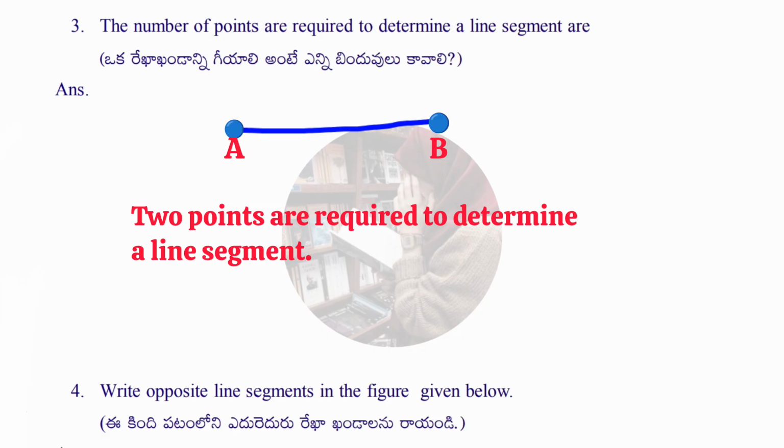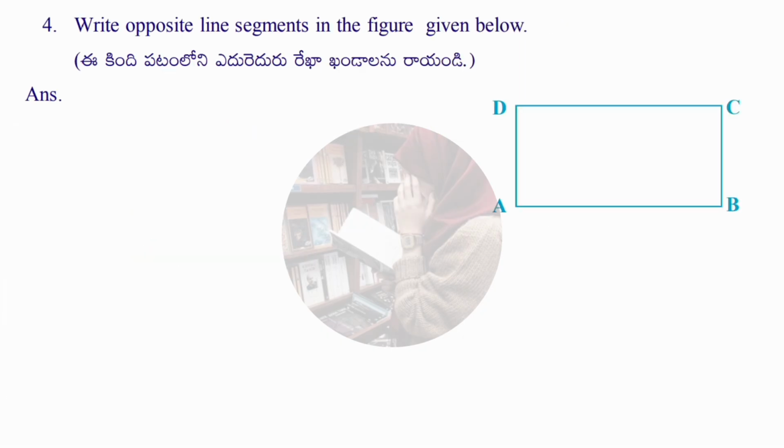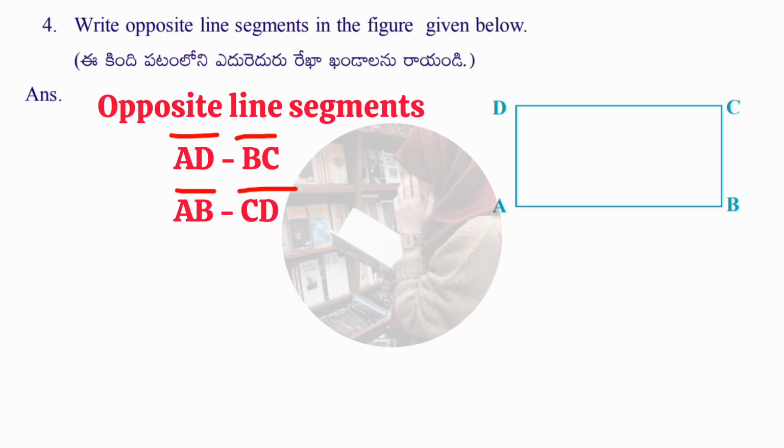Okay, let's move on to the fourth question, which is write the opposite line segments in the figure given below. Here one figure is given of rectangle ABCD. We have to write down the opposite line segments of the given picture. Okay, let's see. So opposite line segments are first AD opposite is BC, then AB opposite is CD. Understood? This is the answer.